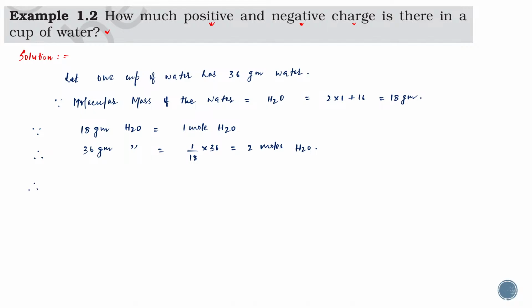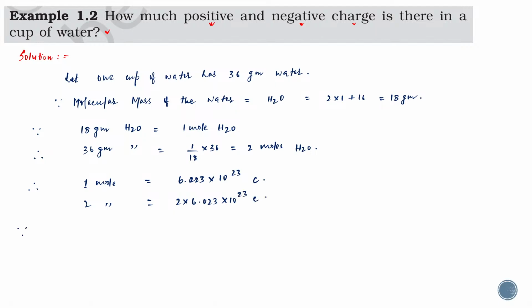Again, we know that 1 mole equals 6.023 into 10 to the power 23 molecules. Therefore 2 moles equal 2 into 6.023 into 10 to the power 23.